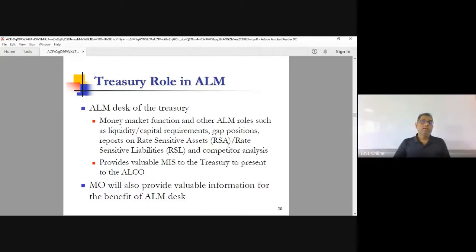So the discussion on how you manage that is with the Treasury, and for them to do it in the most efficient way, they have to understand the market conditions. That's why the ALM risk is within Treasury and is managed in that way.